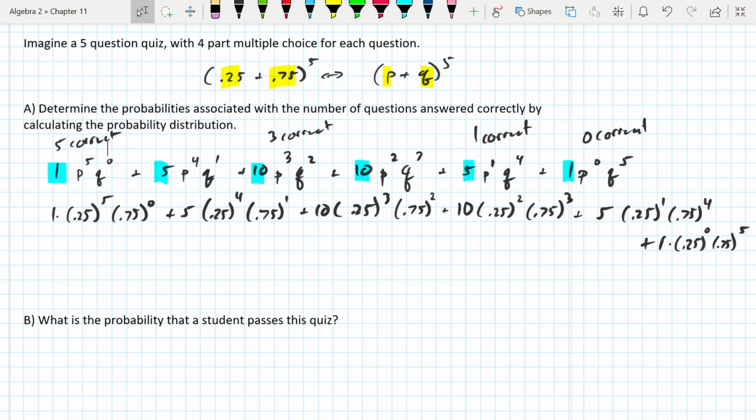So 1 times parentheses 0.25 to the 5, close parentheses, open new parentheses 0.75 to the 0, and put that all in, we get 0.00098.